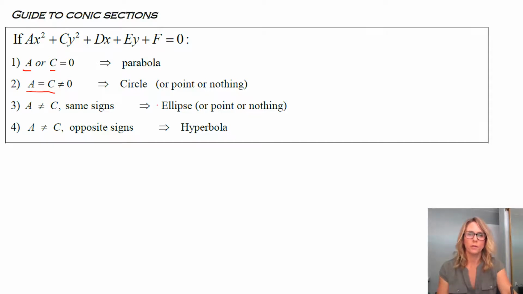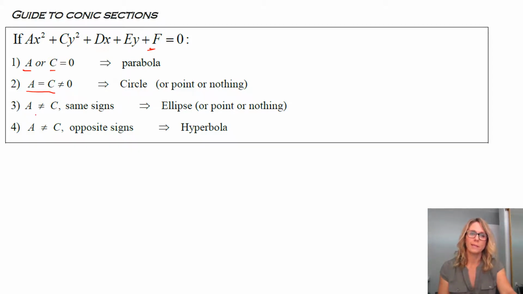Now there are situations, which are not common, where you might have that situation but actually have a point or nothing, and that's dependent on the constant. But typically, very often, that's going to be a circle.